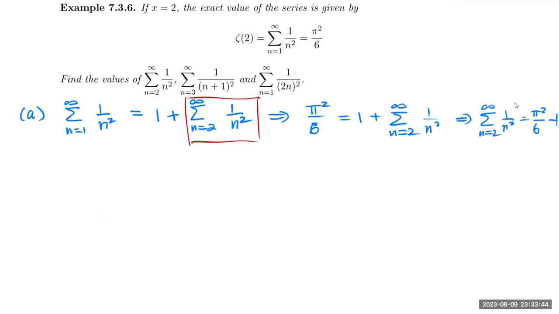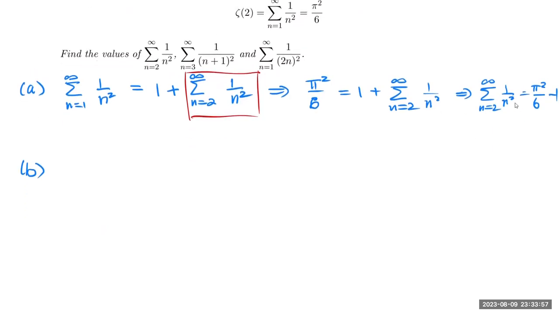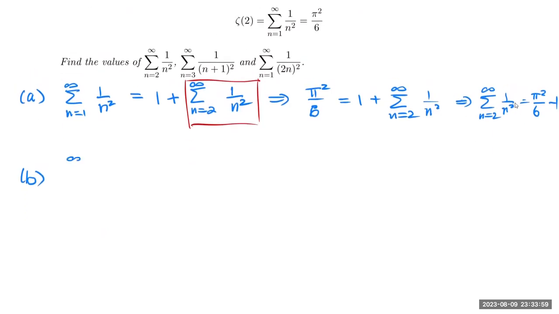Okay, so let's have a look at the next one. For part B, we have starting from 3 this time, and we also have n plus 1 in the bottom. However, let us rewrite this series a little. We're starting with this.